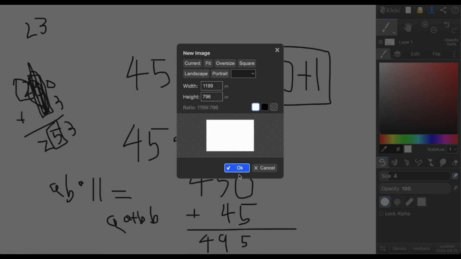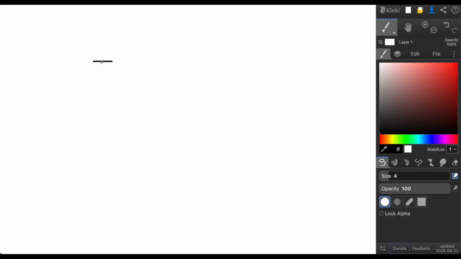For example, let's say you had 59. If you try to do this, then you get 5, and then you add them together, but it's 14. You don't put 14 here, because that would be way too big.